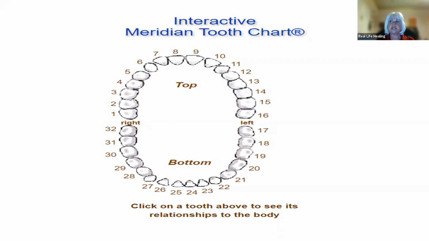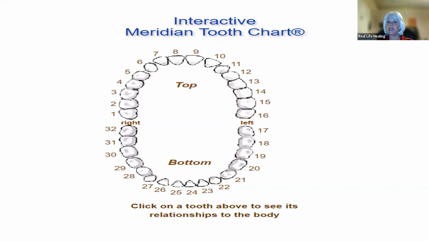If you click on one of these teeth, it is actually an interactive chart. I just have the slides to this, and I hope you will take time to experience it because it's pretty fun.